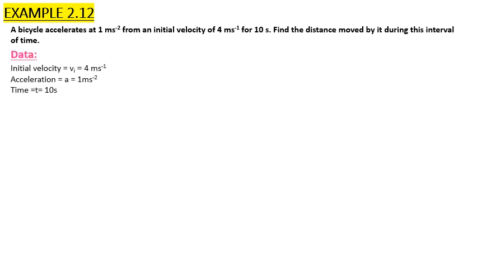In this statement, we have a bicycle which is accelerating at 1 meter per second square, so its acceleration is 1 meter per second square, from an initial velocity of 4 meters per second. The time it has taken is 10 seconds. Find the distance moved by it during this interval of time. So here we have to find the distance.